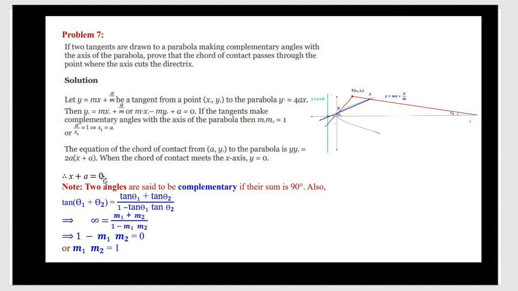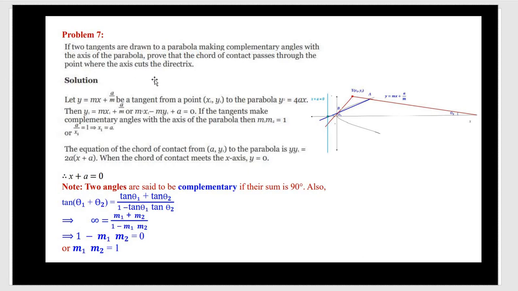And the answer that we are getting here, x plus a is equal to 0, is a point on the directrix. So we have proved our problem, namely the chord of contact passes through the point where the axis cuts the directrix.